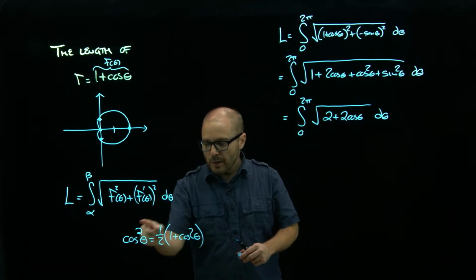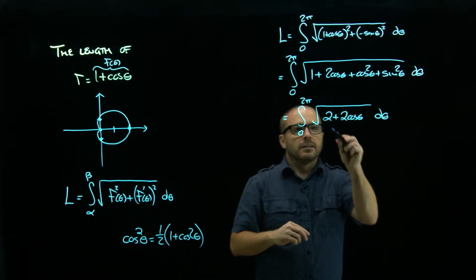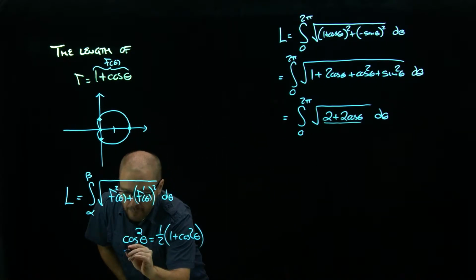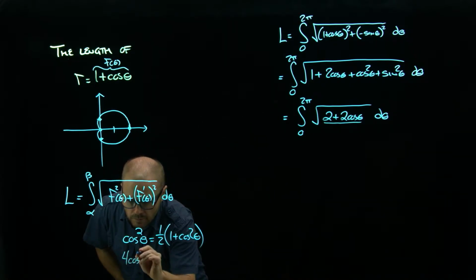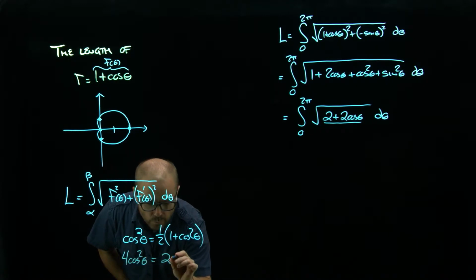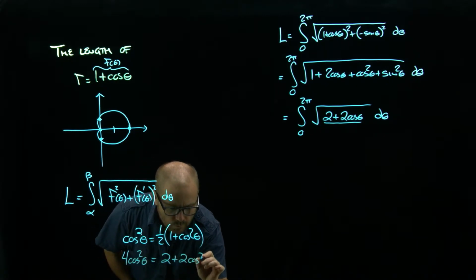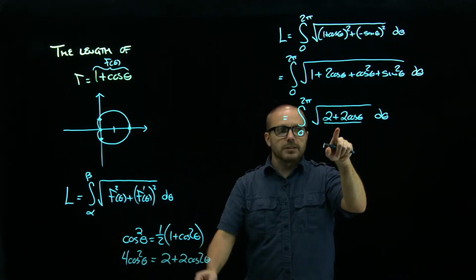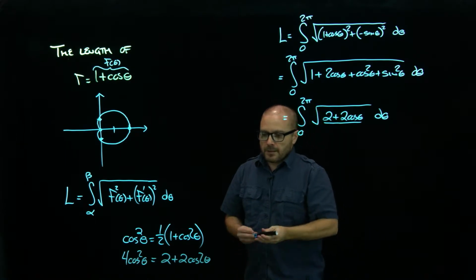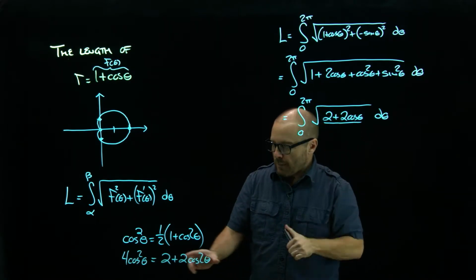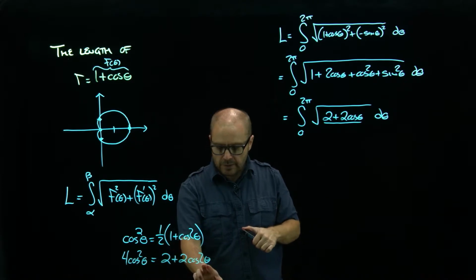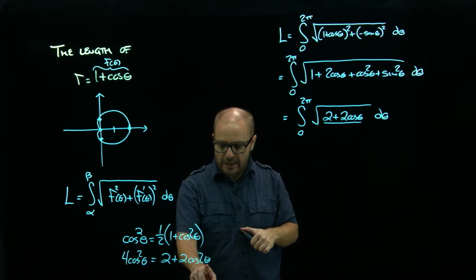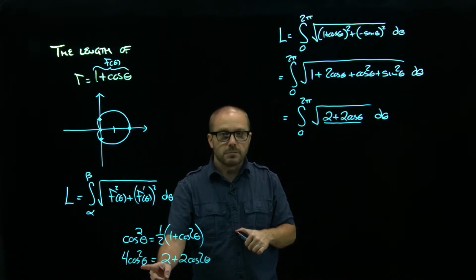So let's try and manipulate this identity so it looks like what we have under the square root. If we multiply through by 4, now it's looking a lot like that, right? 2 plus 2 cosine 2 theta, though. Well, the fact that the angle is not the same doesn't matter. What matters in this identity is that this angle is double this angle. So if this angle is only theta, then this angle should be half of it, or theta over 2.